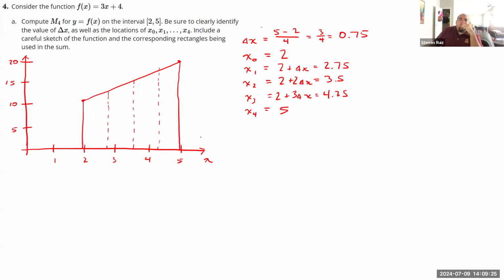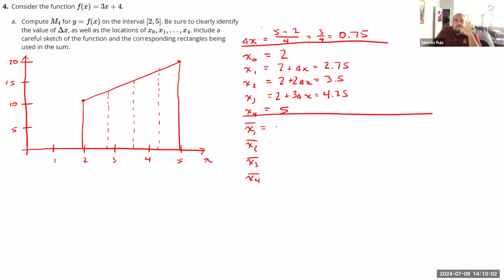Okay, so I think I've divided this up appropriately, but I'm doing a midpoint sum, so I'm not going to make my calculations for this Riemann sum on the values x0 through x4. What I'm actually going to need are these values: x1 bar, x2 bar, x3 bar, and x4 bar.